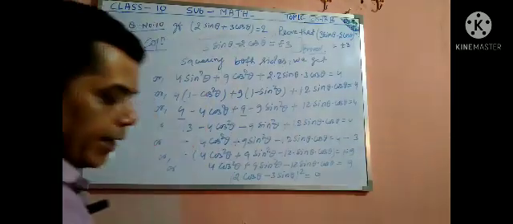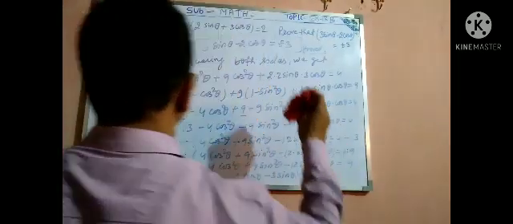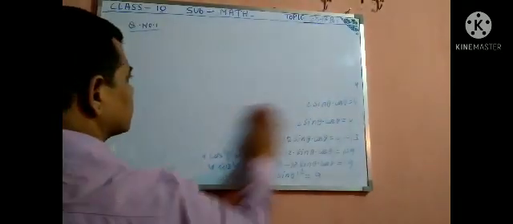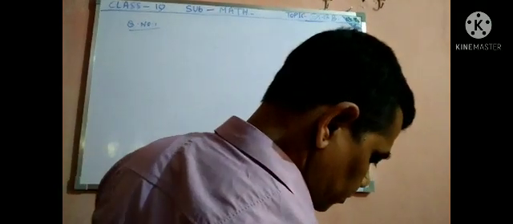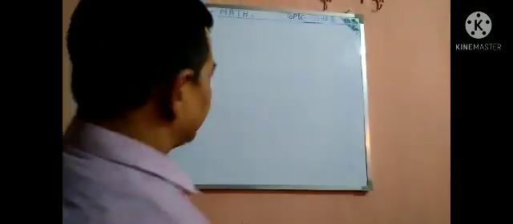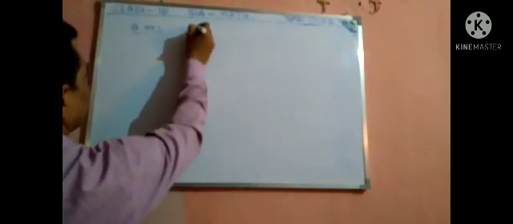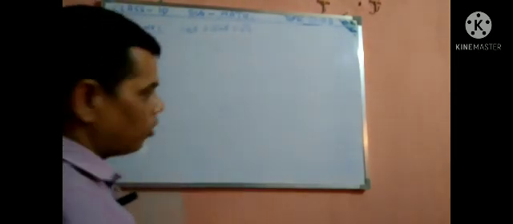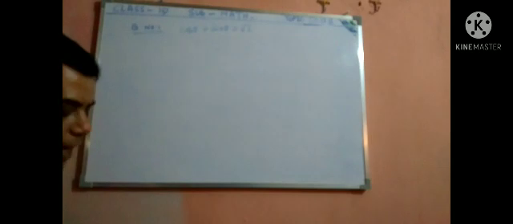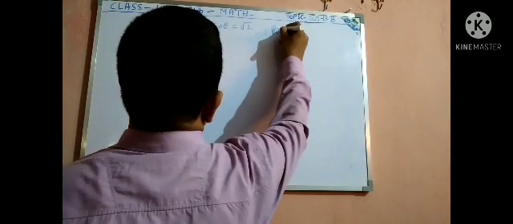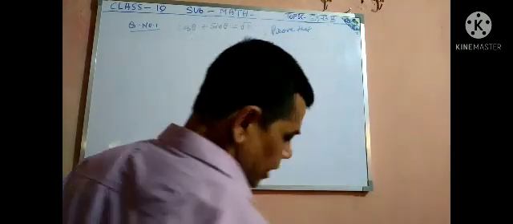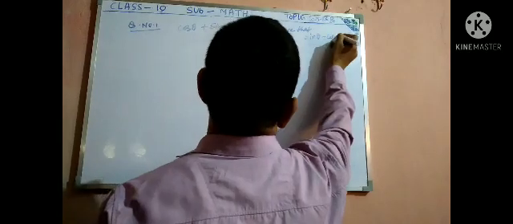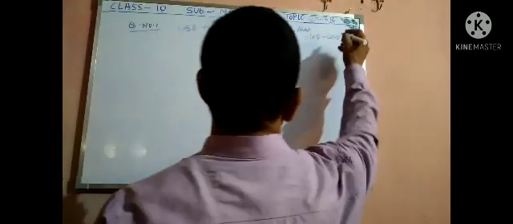Now take another question, question number 12. If cos theta plus sin theta is equal to root 2 cos theta, prove that the value of sin theta minus cos theta is equal to root 2 cos theta.